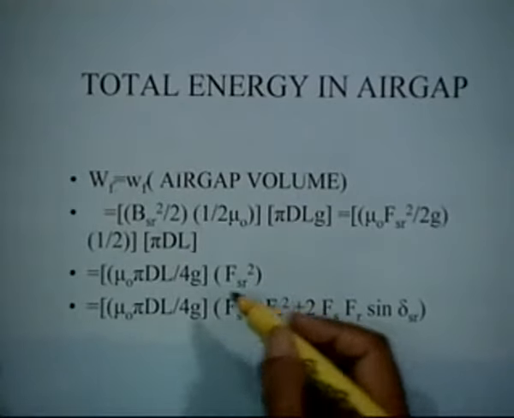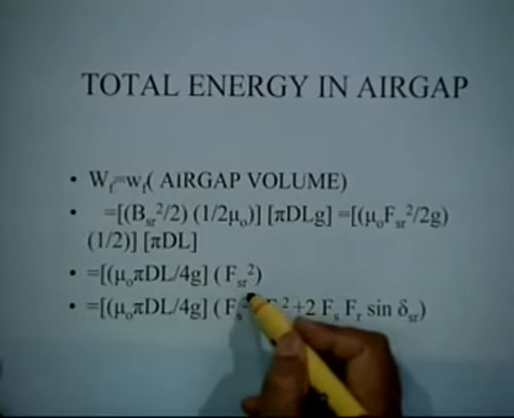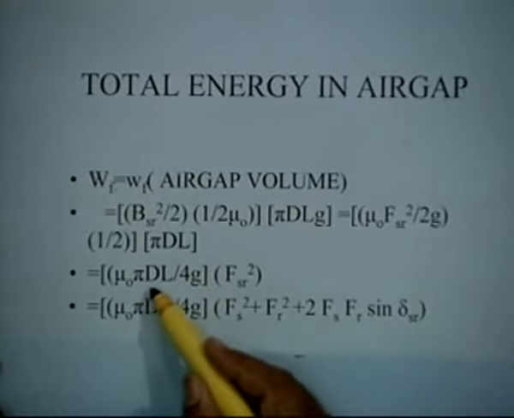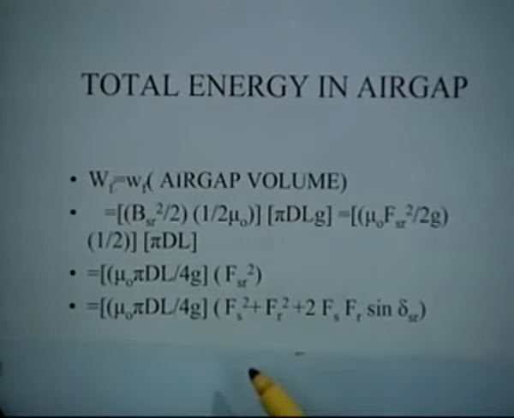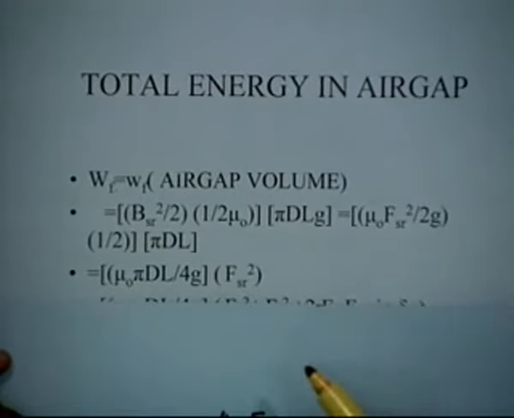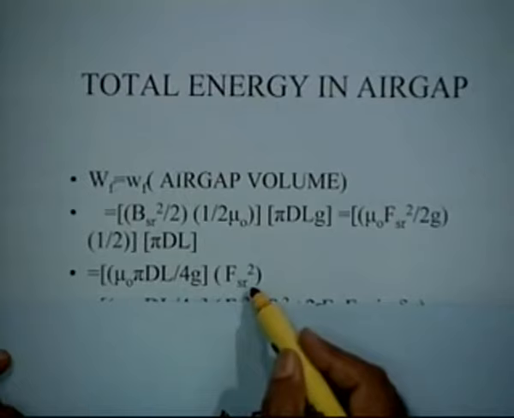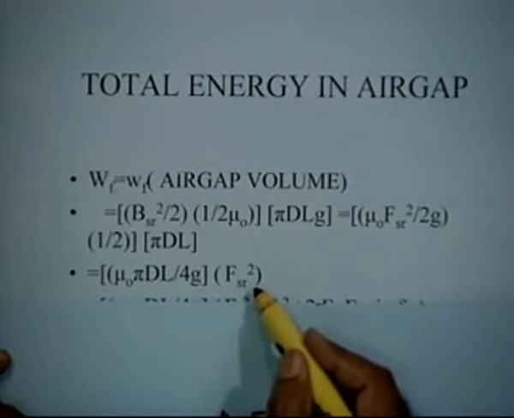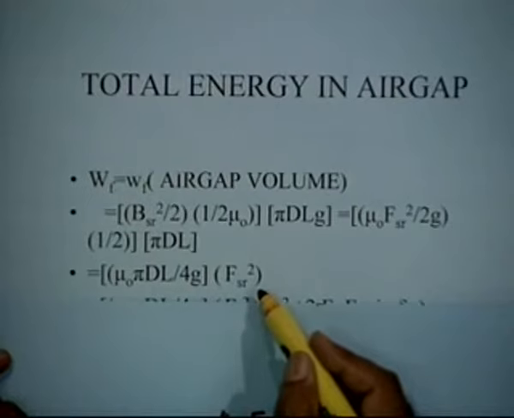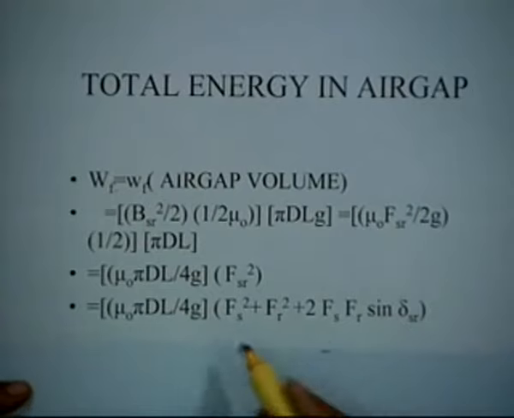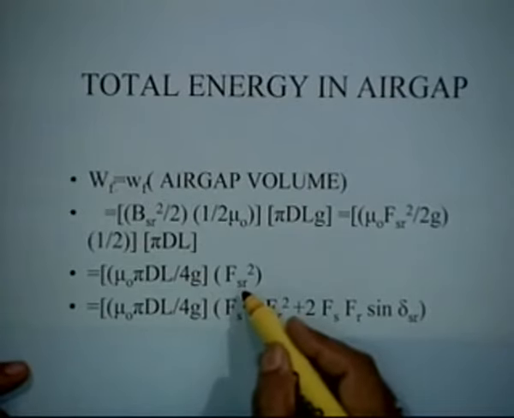We multiply that in terms of F². You simplify this, and you have μ₀ π D L by 4g into F_SR². This is the expression that you will get for the stored energy in terms of the net MMF, because we are not concerned now with F_S and F_R separately but only with the resultant F_SR, which is available in the air gap.